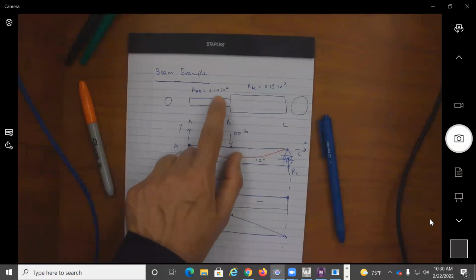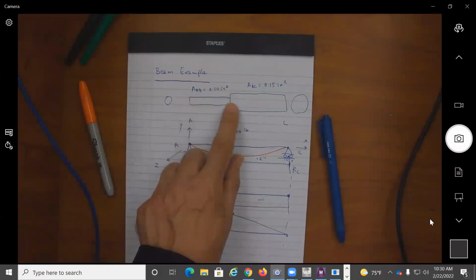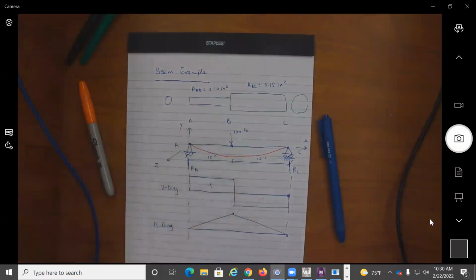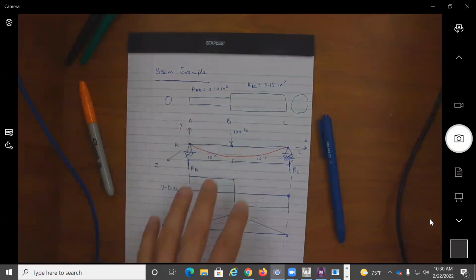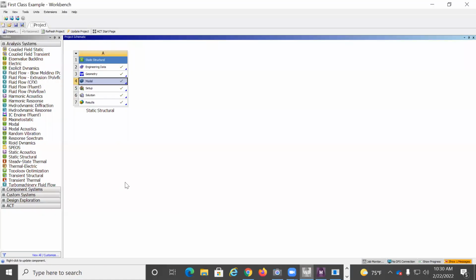Knowing that we've already solved this geometry or this model for an axial force, I can reuse the model and only change the setup, right? So I'm going to go back to Workbench and define a new static structural analysis. So from analysis systems, I'm going to go to static structural.